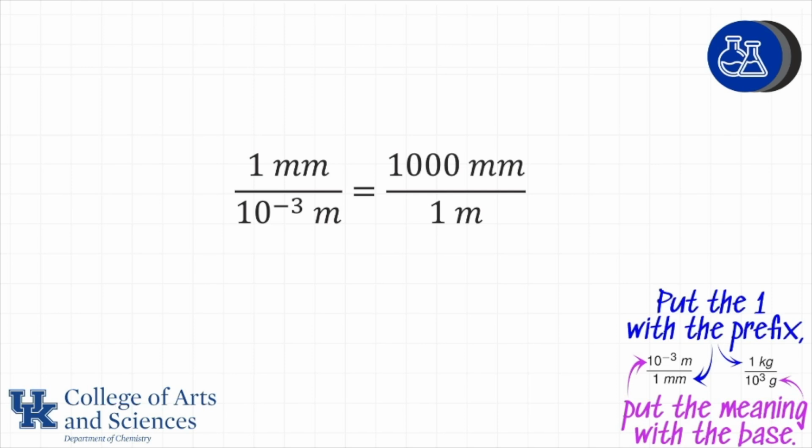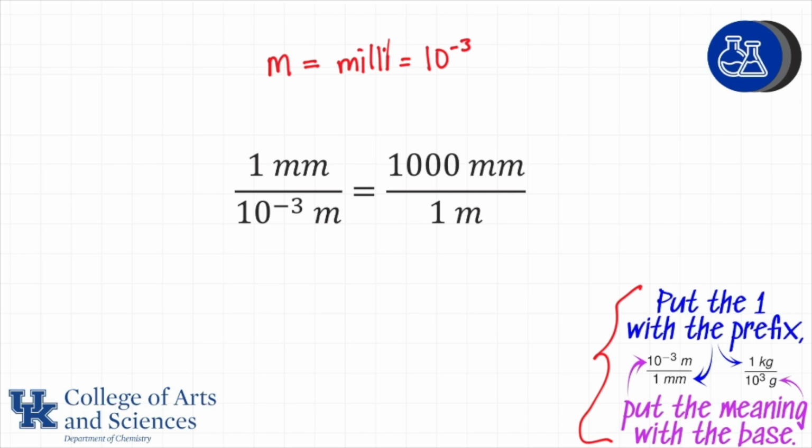If you already know how to set up relationships and you're completely confident in using 1,000 millimeters as 1 meter, that's fine. It's not going to be wrong. But if you're not comfortable with metric prefixes, I strongly encourage you to use this phrase to help you set them up. m means milli, which is 10 to the minus third.